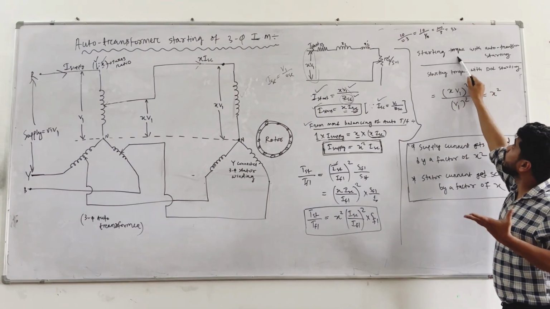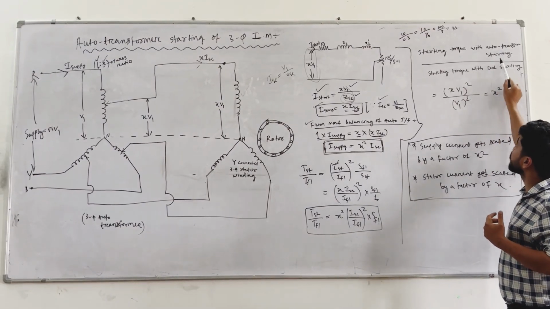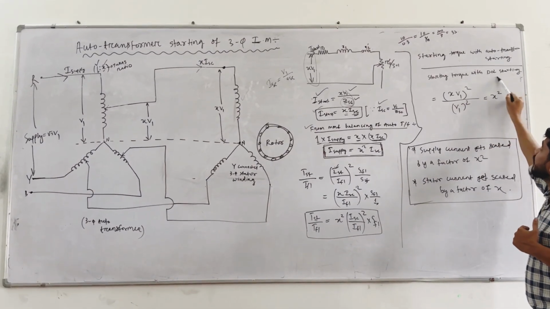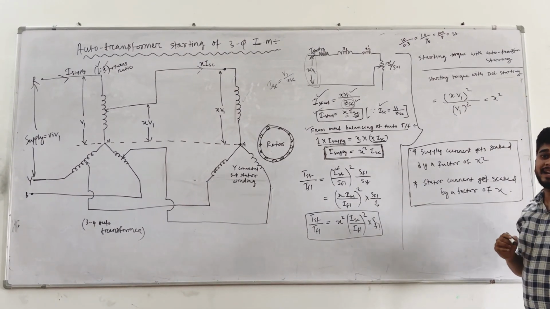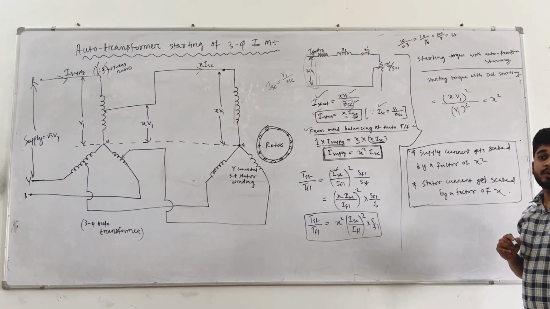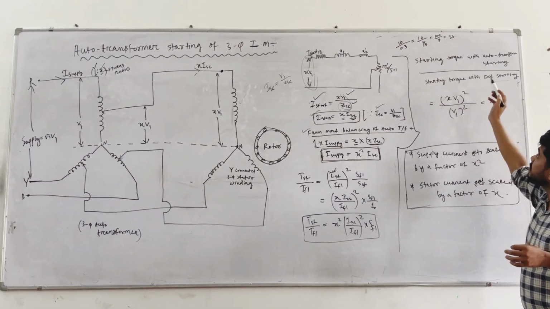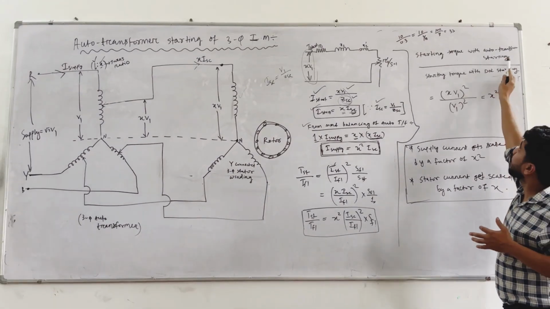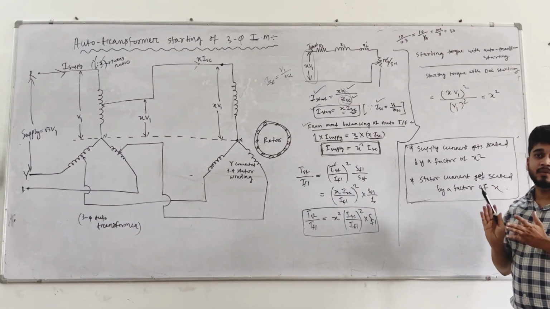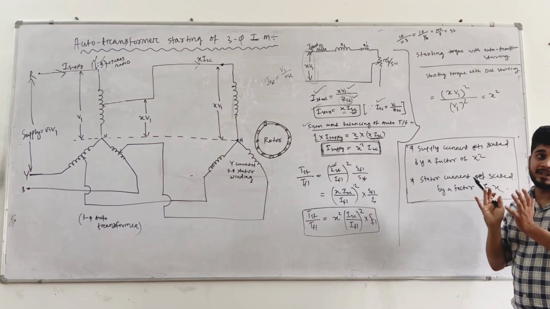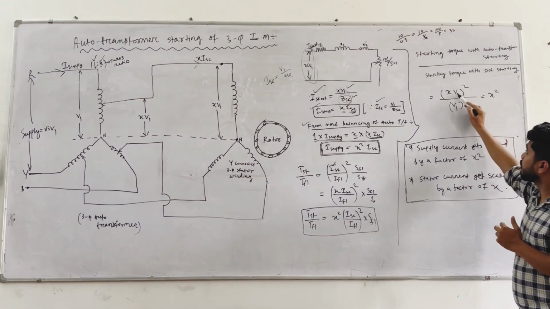What is the amount of starting torque in case of auto transformer starting divided by the amount of torque with direct online starting? And you know that starting torque is directly proportional to the square of the applied voltage. So what is the amount of voltage you are getting in the auto transformer starting? XV1. So that XV1 voltage squared.